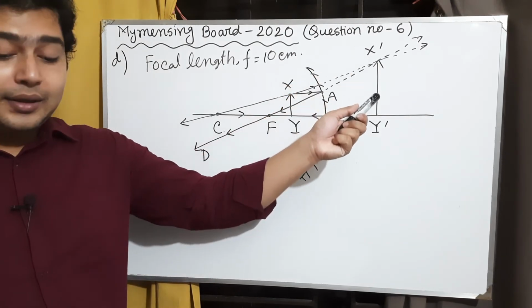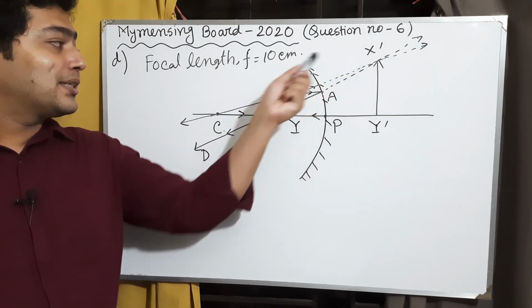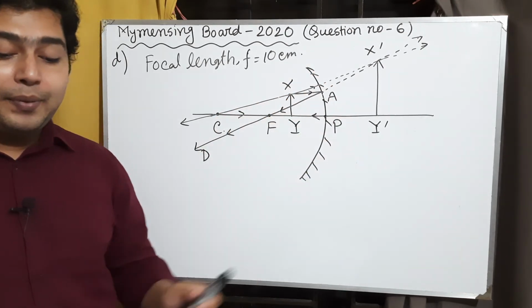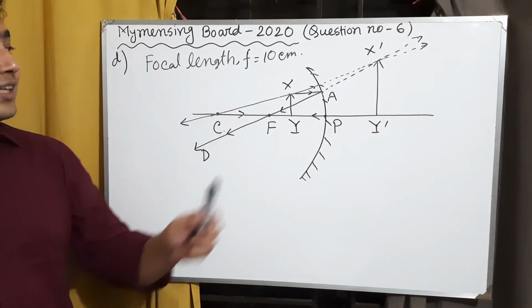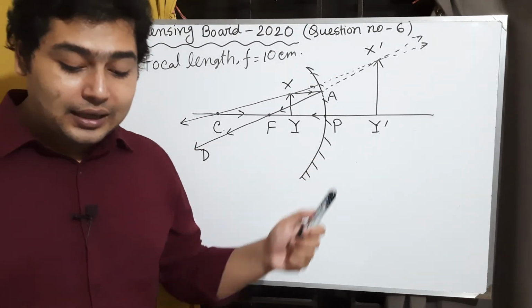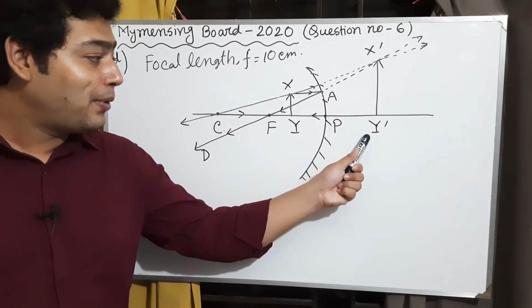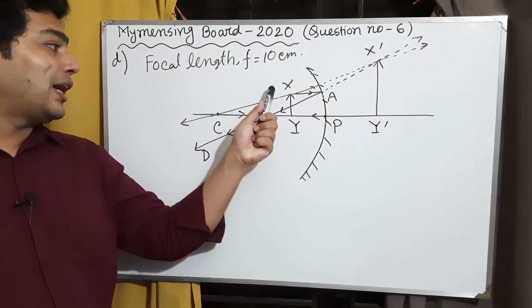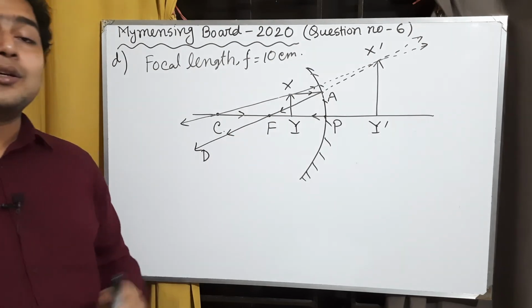So X prime is the virtual image of X. A perpendicular is drawn from X prime to the extended part of CP, and that point is Y prime. Therefore X prime Y prime is the virtual image of XY.